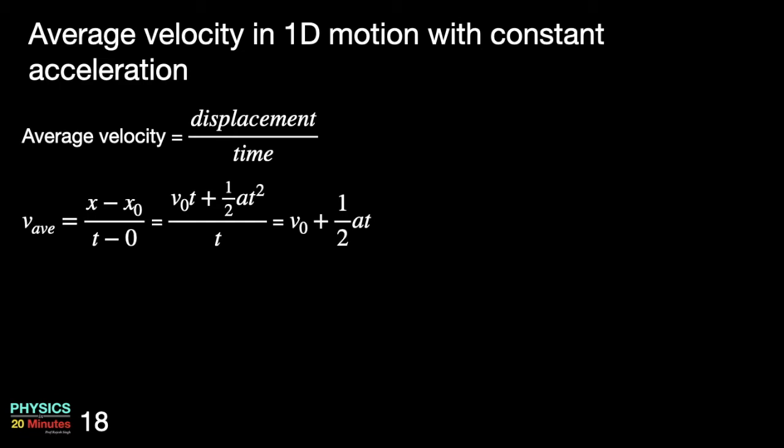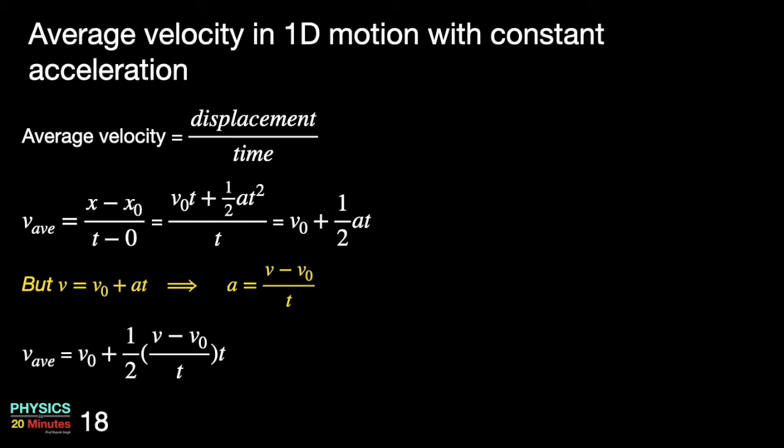That divided by t will give you v0 plus half at. Now from the first kinematical equation, I can get a as (v minus v0) by t, and if I put that back into the above equation and solve, then I will get v average as (v plus v0) by 2.